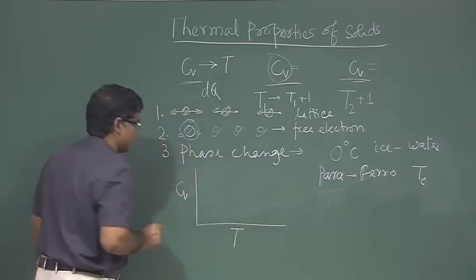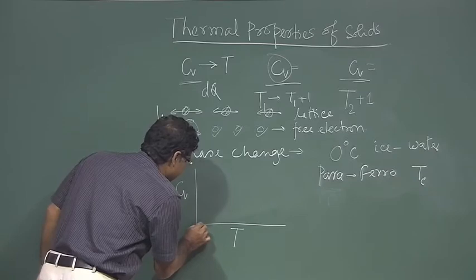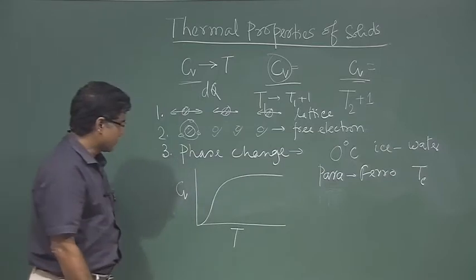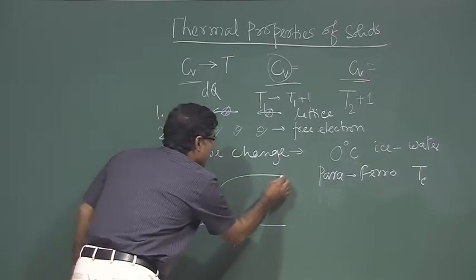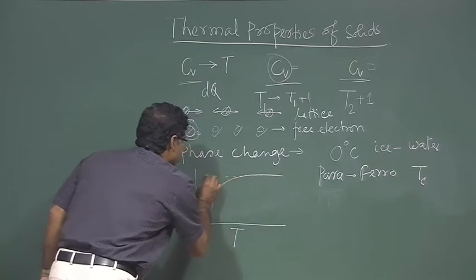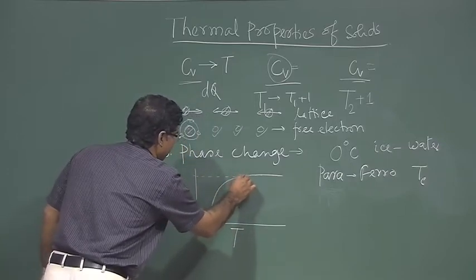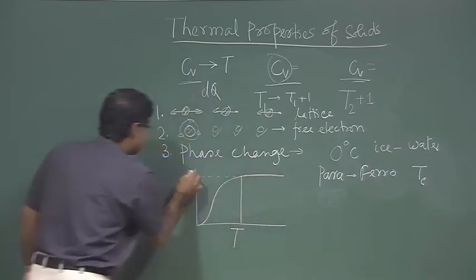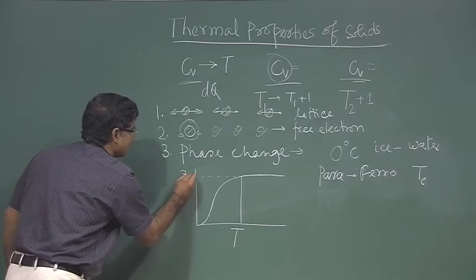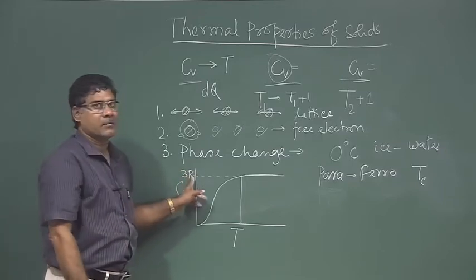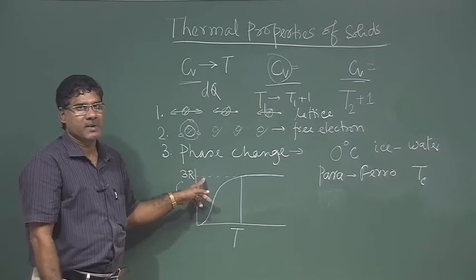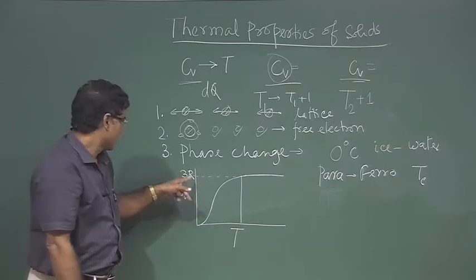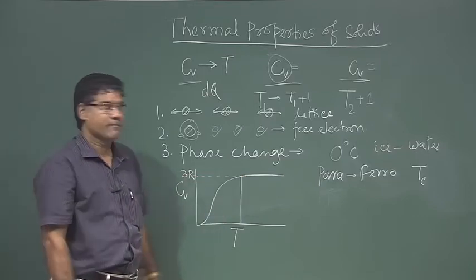If you see the Cv, its variation is generally like this. For all the metals it is like this. After a certain temperature it is constant, and this value is generally 3R, where R is 2 calories per Kelvin per mole, so it is 6 calories per Kelvin per mole.